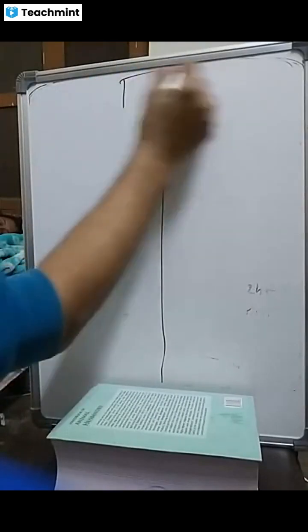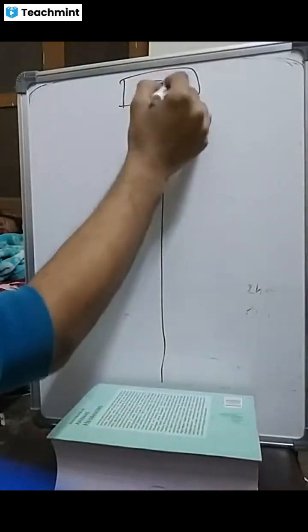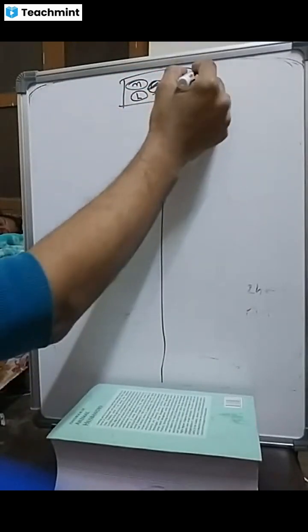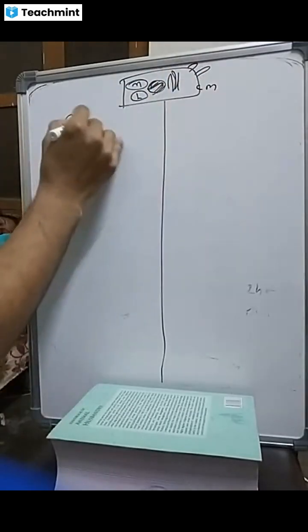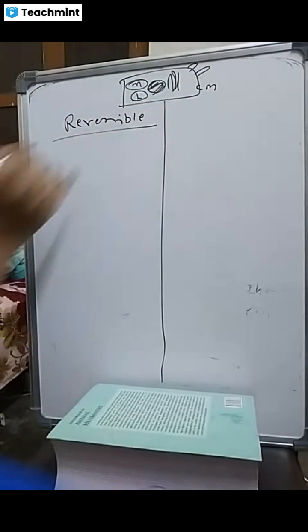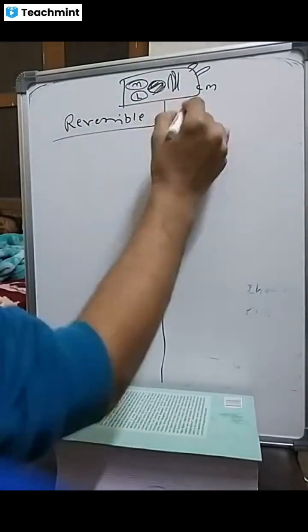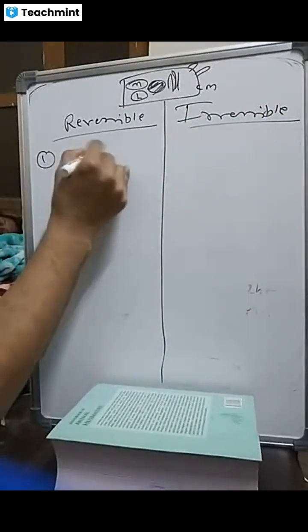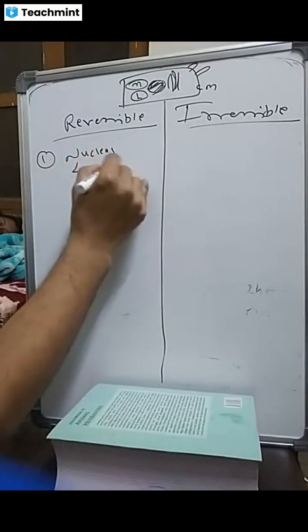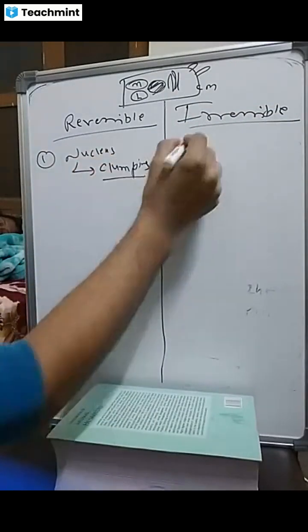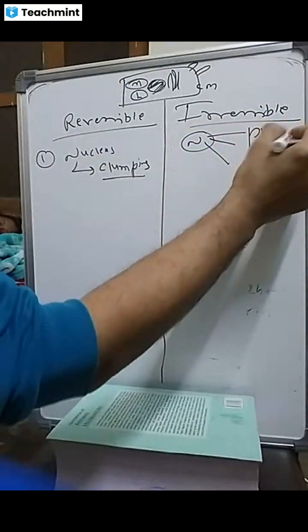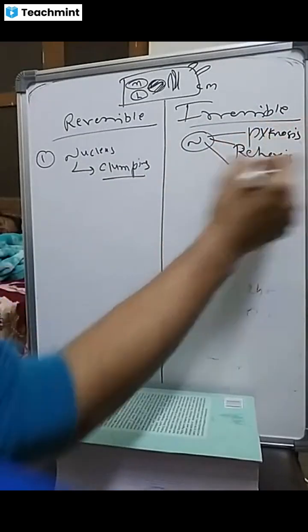So if we compare nucleus, ER, mitochondria, lysosome, microvilli, and cell membrane between reversible cell injury and irreversible cell injury. Number one, nucleus. Here the nucleus shows clumping. In the irreversible case, there are three nuclear changes: pycnosis, karyorrhexis, and karyolysis.